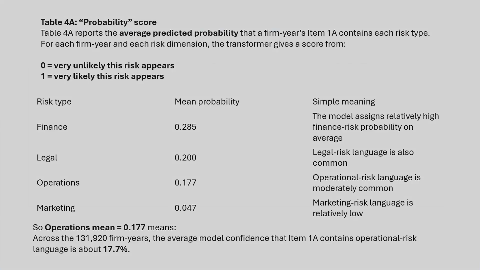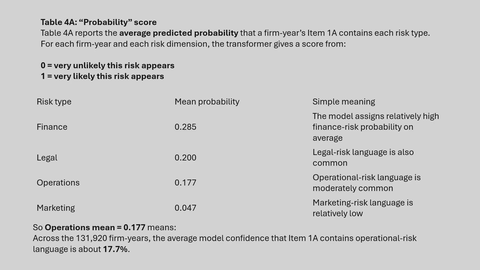From table 4A, this is a little messy, so I talked about it earlier, and then we can take a look at the table later. For finance, if you look at the coefficient, this coefficient means the probability score.